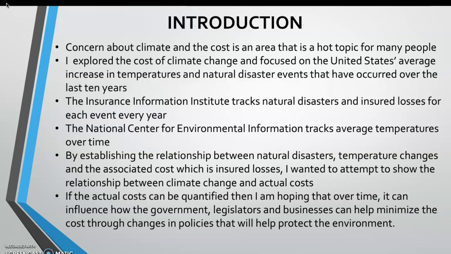By establishing the relationship between natural disasters, temperature changes, and the associated cost, which is insured losses, I want to attempt to show the relationship between climate change and actual costs. If the actual cost can be quantified, then I am hoping that over time it can influence how the government, legislators, and businesses can help minimize the cost through changes in policies that will help protect the environment.